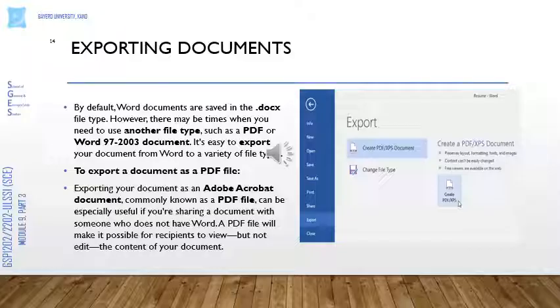What if I want to send the result of students for the test for this GSP to the class rep, and I want a document where the class rep cannot easily edit? Then I have to change from the .docx type to a PDF type. And in doing that, it is called exporting documents, to change the document from one file type to another.